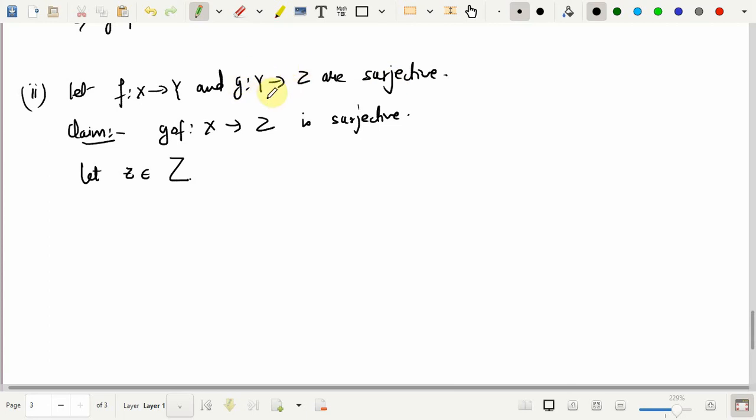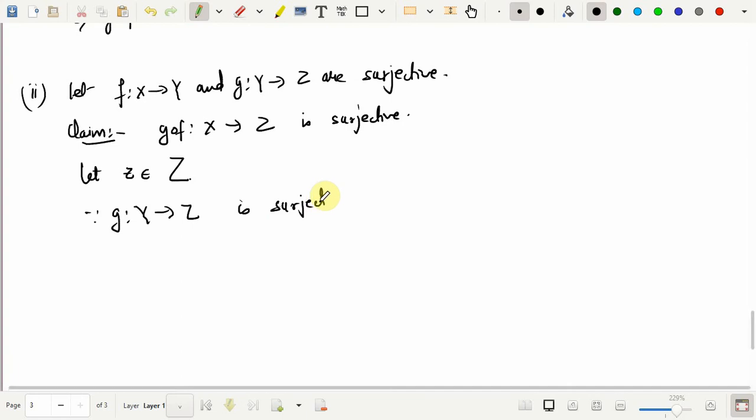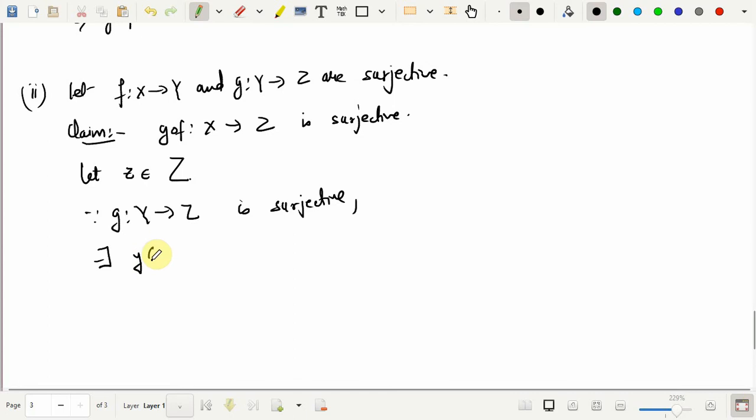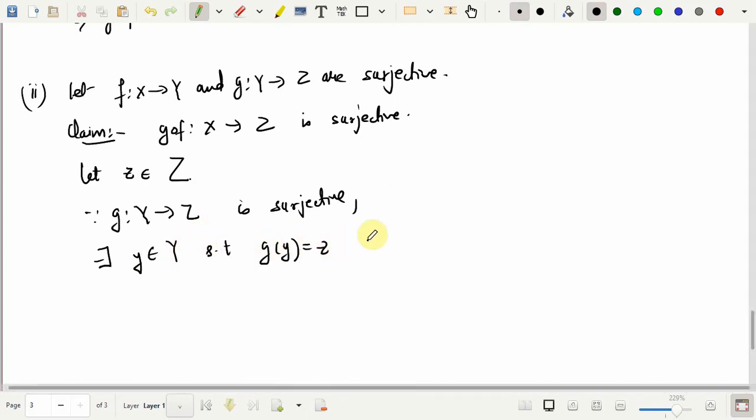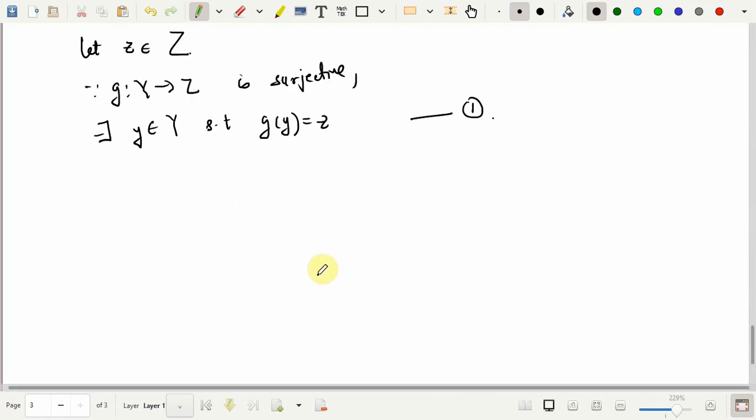So now since g from Y to Z is surjective, there exists a point, say small y in Y, such that g of y is equal to z. Let me call this 1. Now you have found that y is a point in Y. So now this y lies over here.